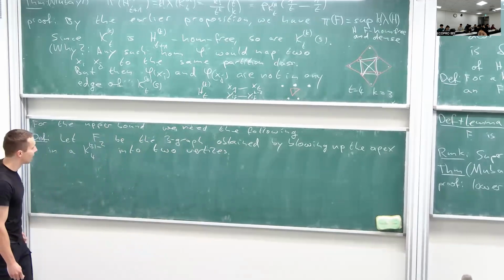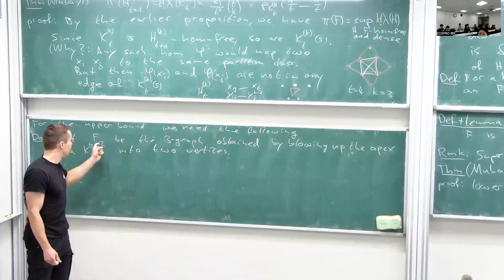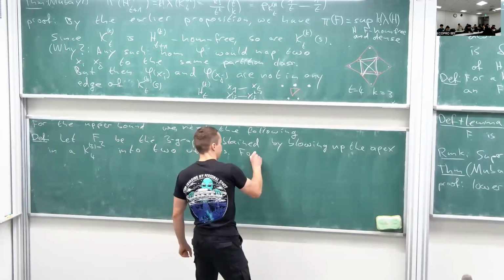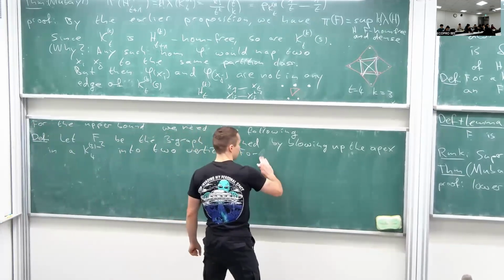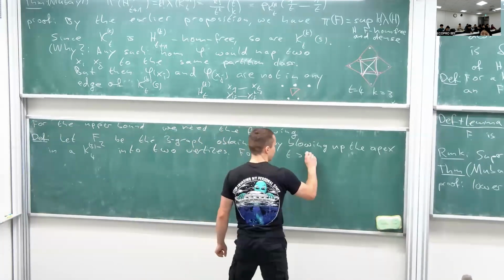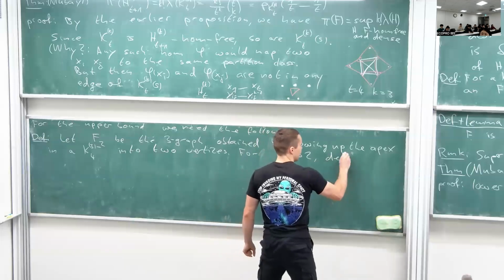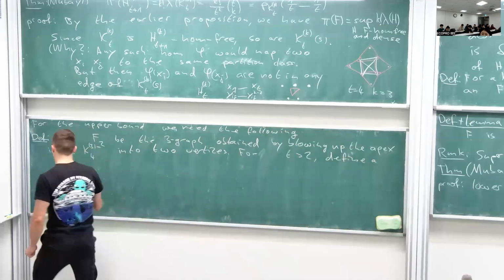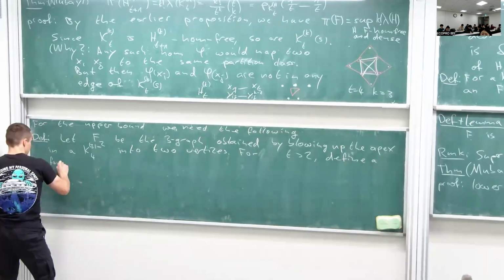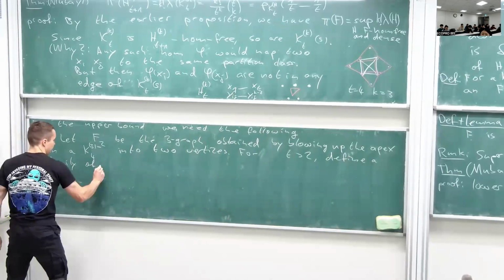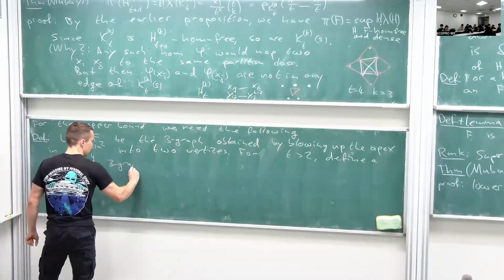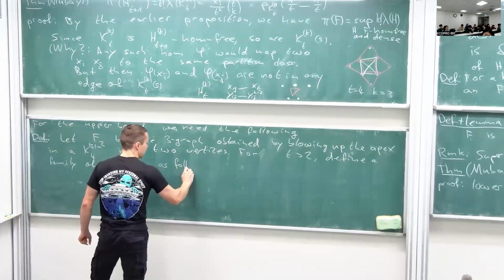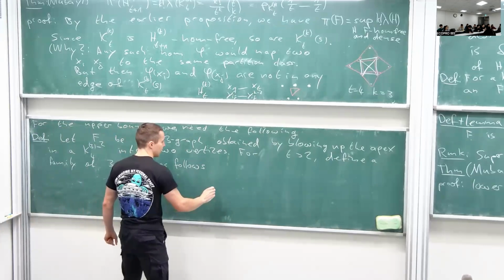And so then we iteratively define a family Ft. For t larger than 2, define the family of 3-graphs as follows.